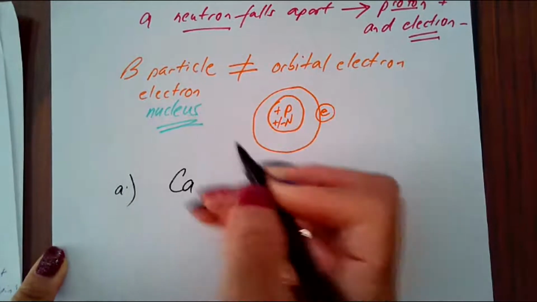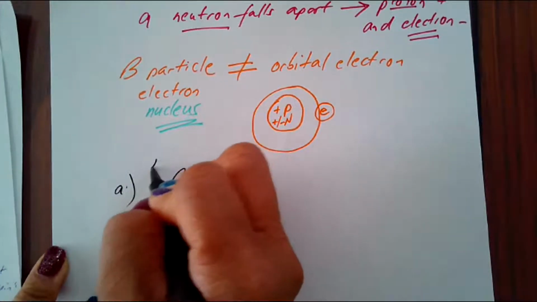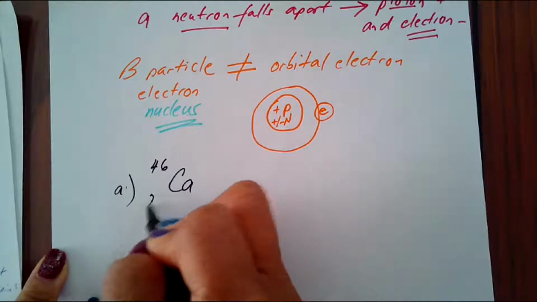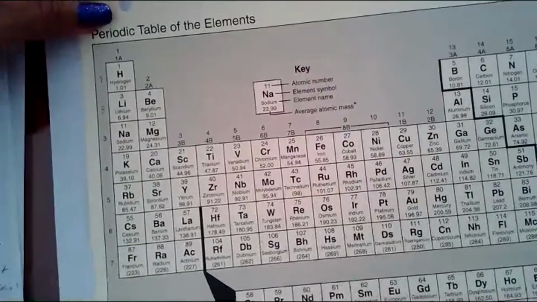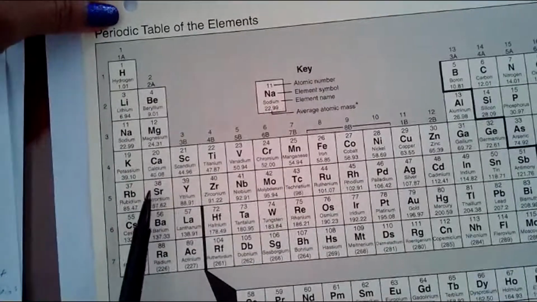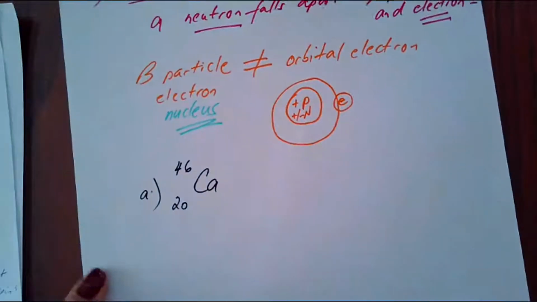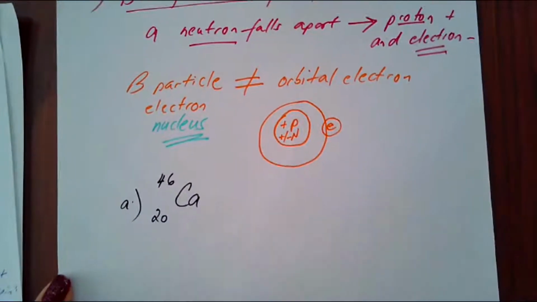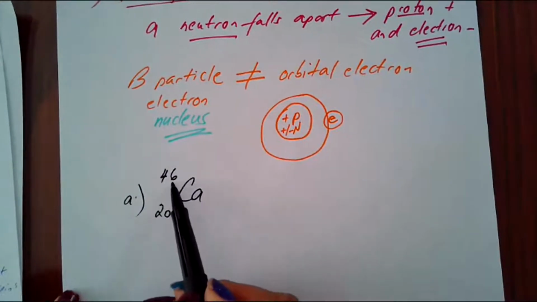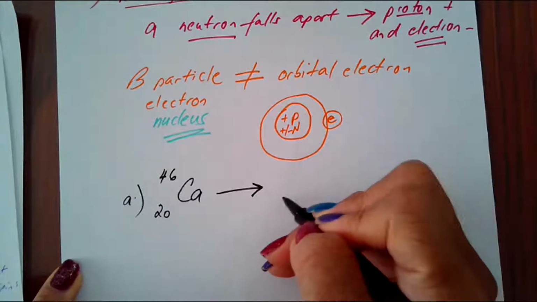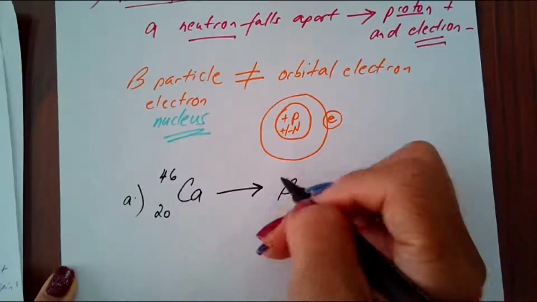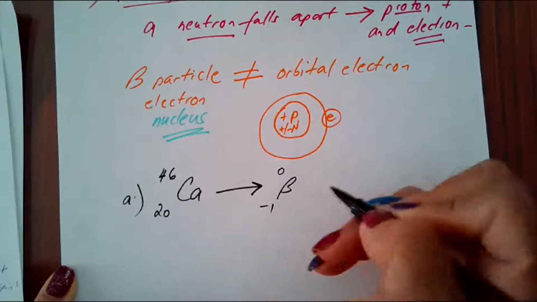So let's use calcium. Looking it up on the periodic table, you have 40 and 20. Calcium here is an alkaline earth. So calcium 20 and 40. I'm using an isotope of calcium, very unstable, 46. So it's going to release a beta negative, undergoing a beta negative decay.